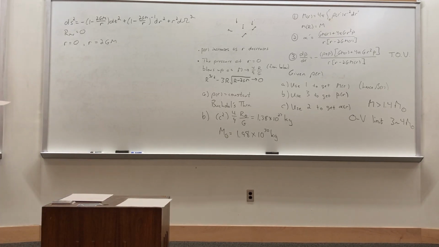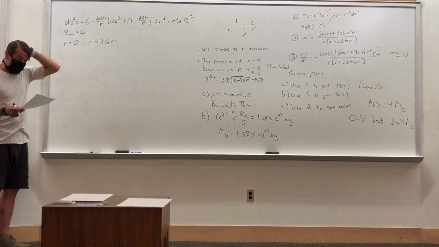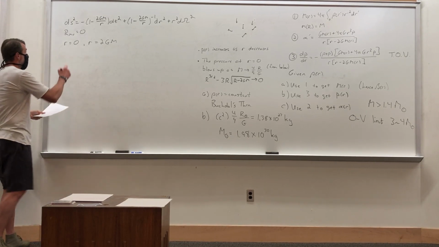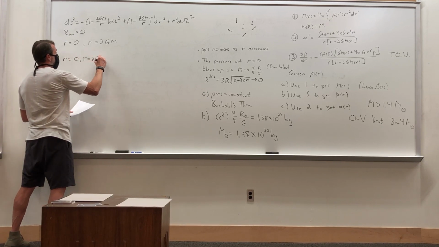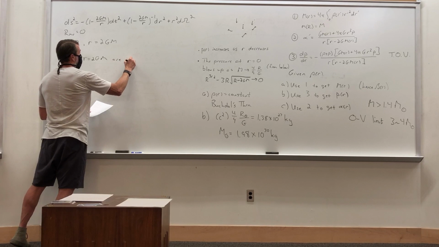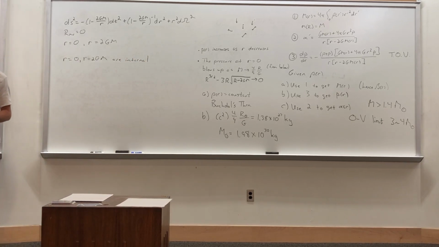Now, for normal astrophysical objects, both r equals 0 and r equals 2GM are internal. I went through that list last time, where I said, if it's the planet Earth, if it's the sun, if it's a white dwarf, if it's a neutron star, all of these are both internal.